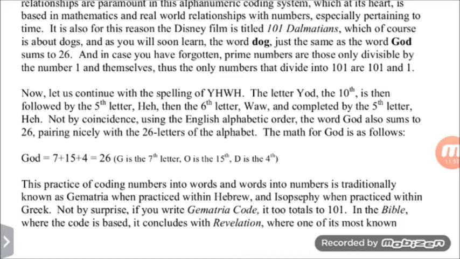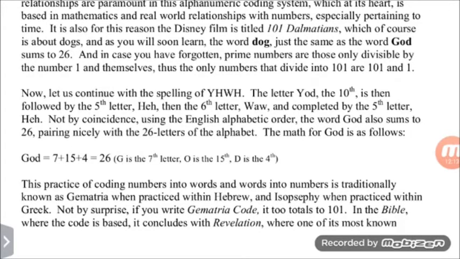This practice of coding numbers into words and words into numbers is traditionally known as Gematria when practiced within Hebrew, and Isopsephy when practiced within Greek. Not by surprise, if you write Gematria code, it totals to 101.